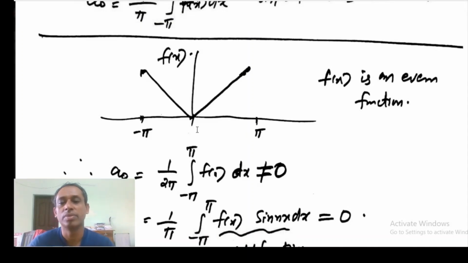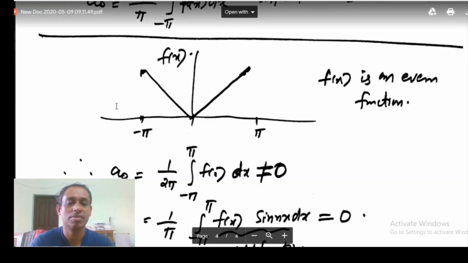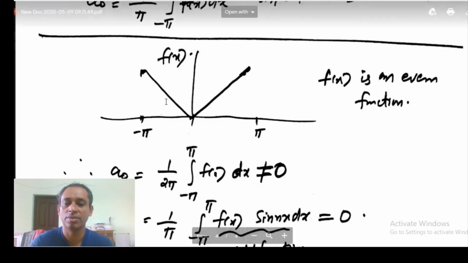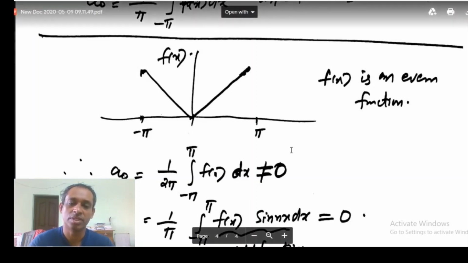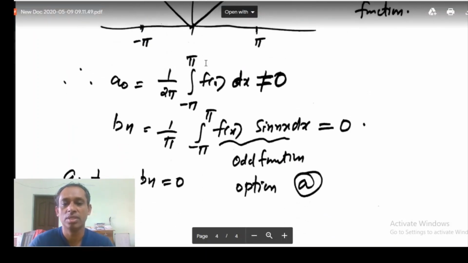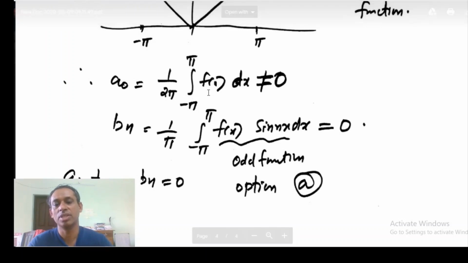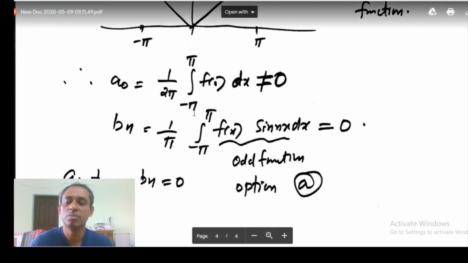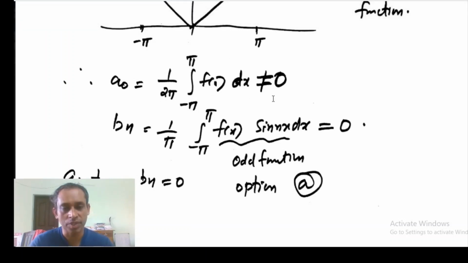Okay, so clear to us, this is an even function. When x is positive and x is negative, f of x is same, so it is an even function. So when we calculate a0, since f of x is an even function here, this will not be 0, we can evaluate it.